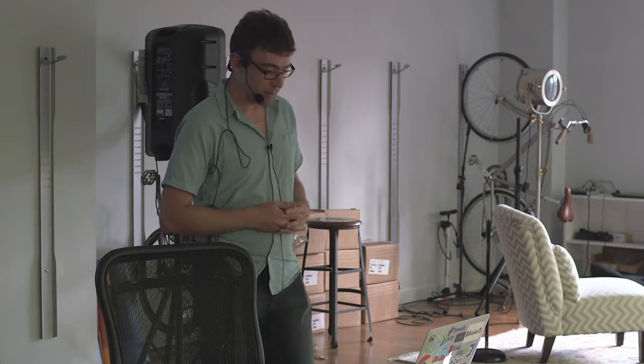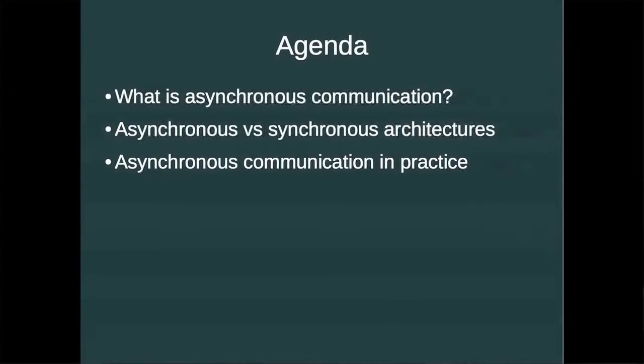So let's get on to what we're going to look at tonight. We're going to first look at what is asynchronous communication. Asynchronous communication is a very broad term which can mean a lot of different things, but I have a specific definition of it that I want to talk about.